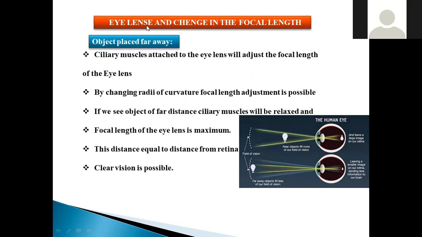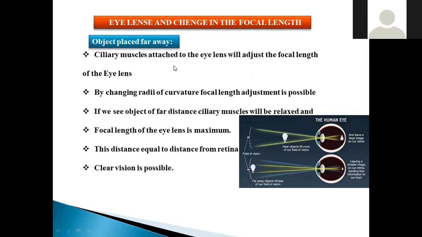In this, how is the eye lens able to adjust the focal length? Some objects are very near to us, some are far distant, and some are in between. The objects in our surroundings are not at a fixed distance from one another, so the distance varies.